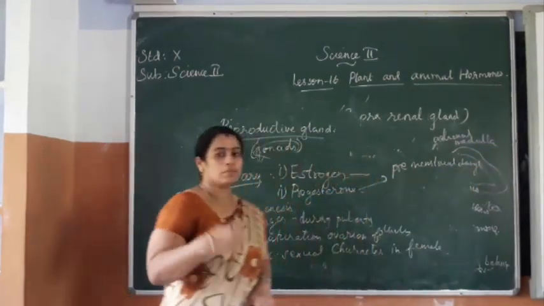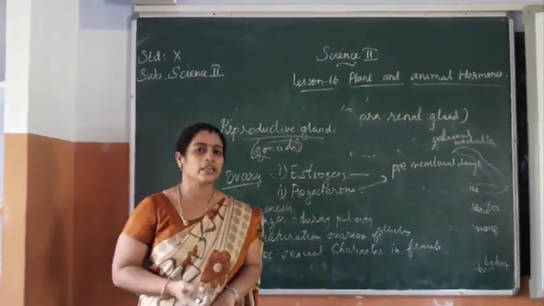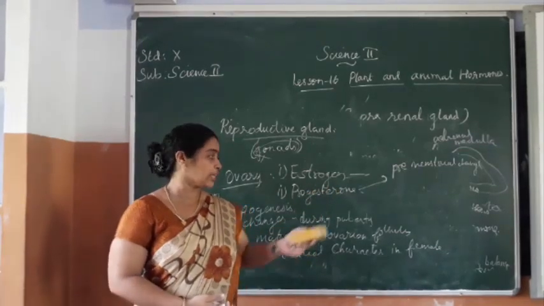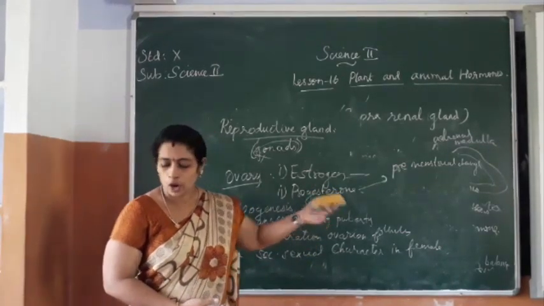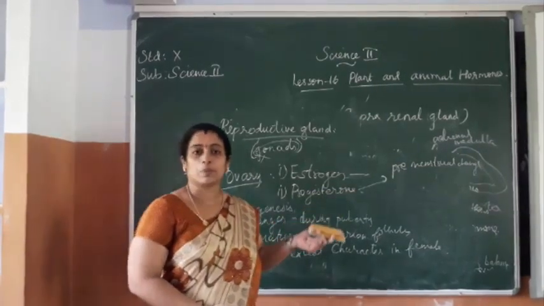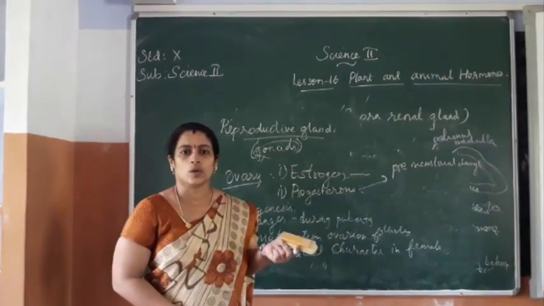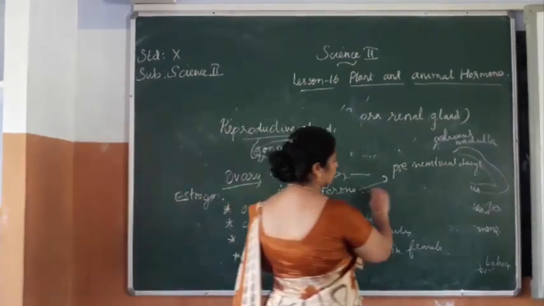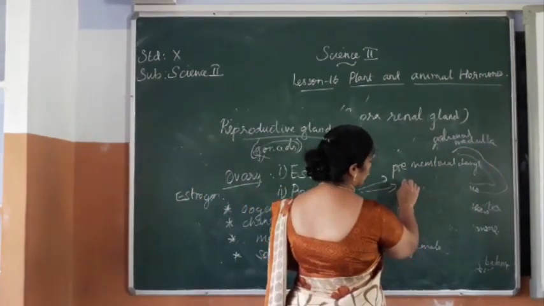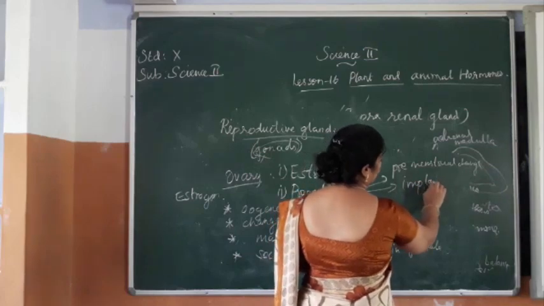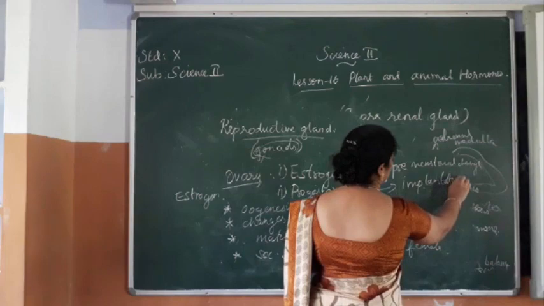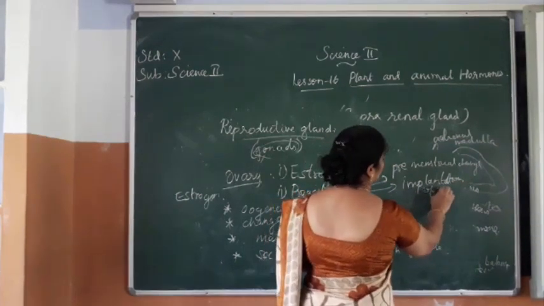Before the menstrual cycle starts in a person, some changes occur in the body. That is caused by the presence of progesterone. Then it prepares the uterus for the implantation of embryo.